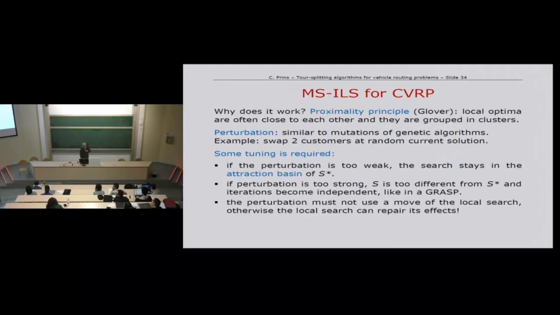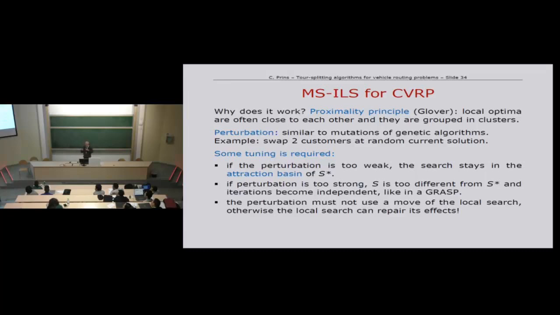So why does it work? Glover is more or less philosophy sometimes, but it's an empirical principle called the proximity principle. He observed using intensive testing that in metaheuristics, for a lot of combinatorial optimization problems, local optima are often close to each other and grouped in clusters.